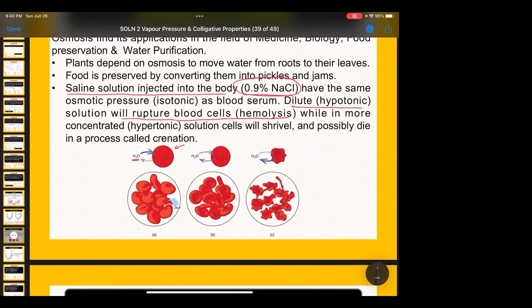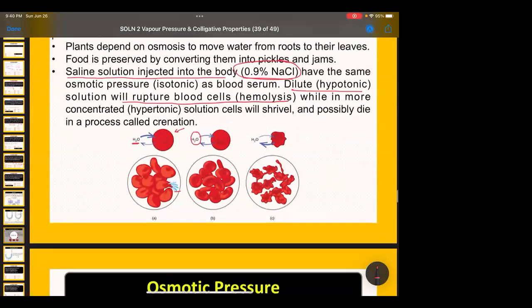The water is going to come out, because the outside solution is more concentrated. So blood cells are going to shrink and die. If you put 0.9% NaCl, that is exactly the same osmotic pressure as that of our blood cells, so they remain stable, they don't die. So this is clear, right?